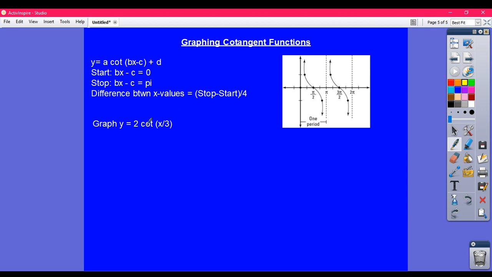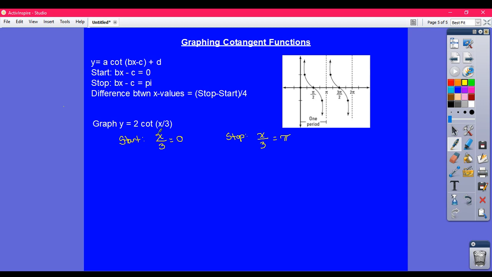So starting off on an example, I'm simply going to take my value in the parentheses and again, the start, set it equal to 0. And for the stop, set it equal to pi.